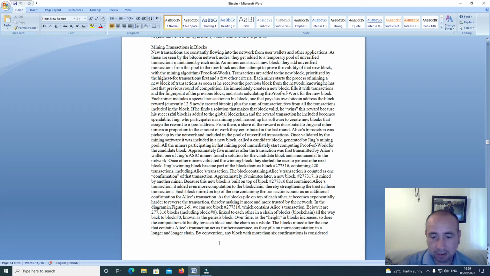Over time, as the height of the block increases, so does the computational difficulty of each block and the chain as a whole. The blocks mined after the one that contains Alice's transaction act as further assurance as they pile on more computation in a longer and longer chain.